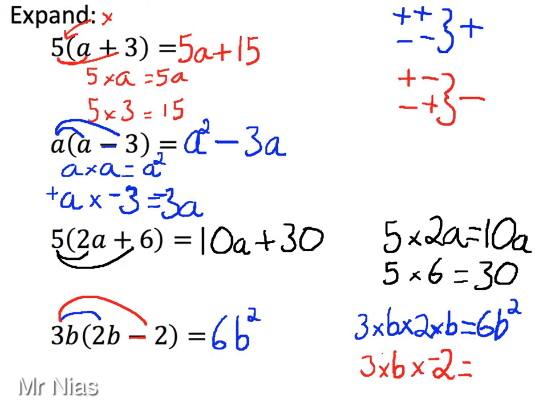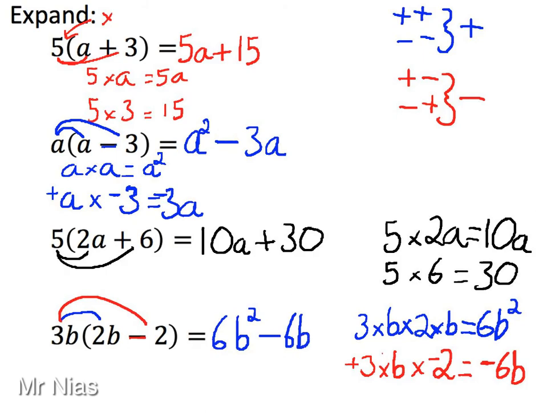So 3 lots of negative 2. The signs are opposite because this is a positive. Positive and negative, they're not friends, so the answer there will be negative 6. And then of course it's times b as well, so negative 6b. And so my answer would be 6b squared, take away, because it's a negative, 6b.